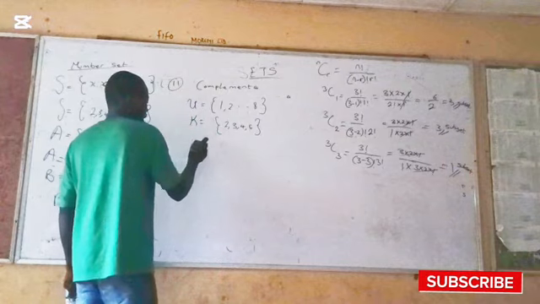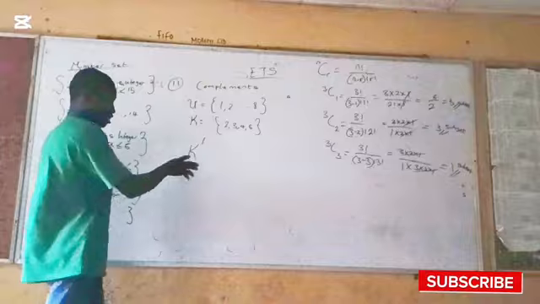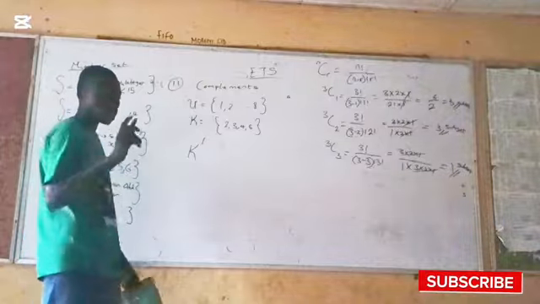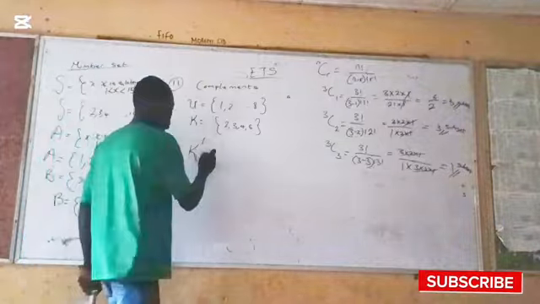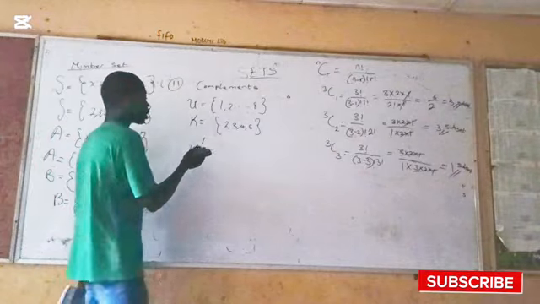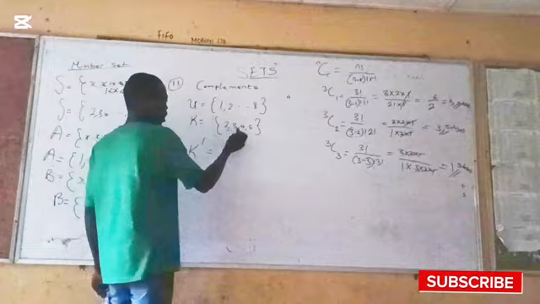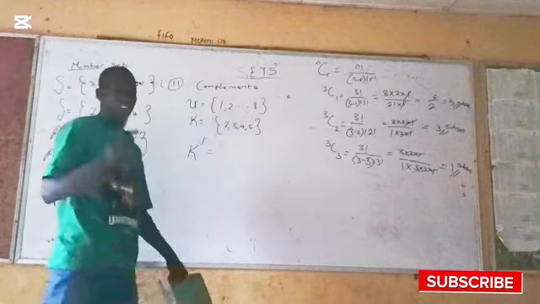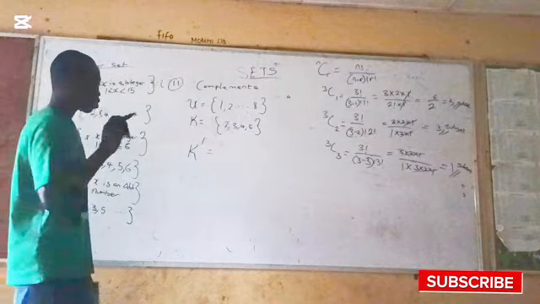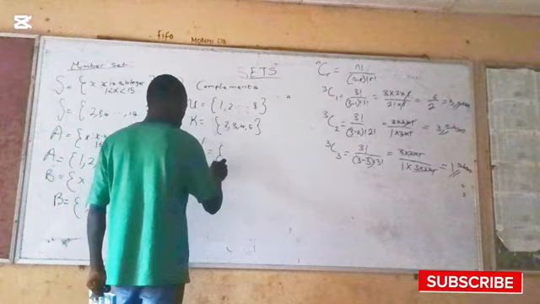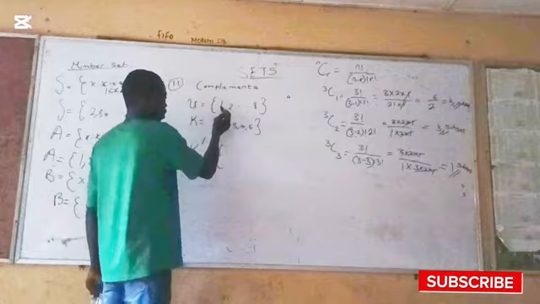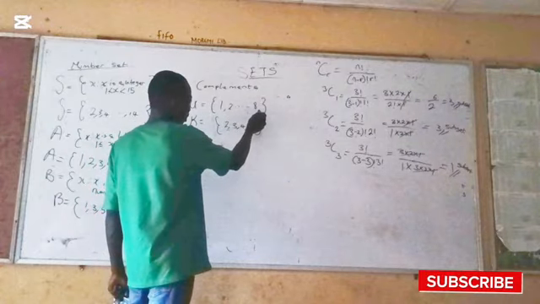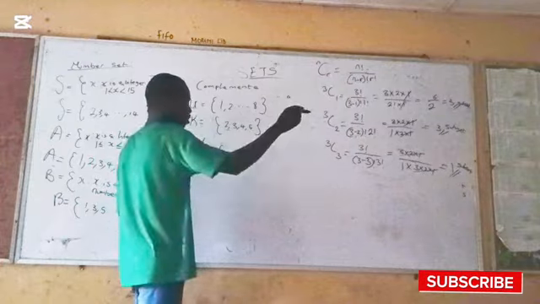Now, K complement is denoted by this symbol. You can see the mark I put at the top. That means K complement. What you are going to do is subtract all these elements from the union set. What is left is your K complement. Don't forget we have 1, 2, and so on, up to 8. That is 1, 2, 3, 4, 5, 6, 7, 8.